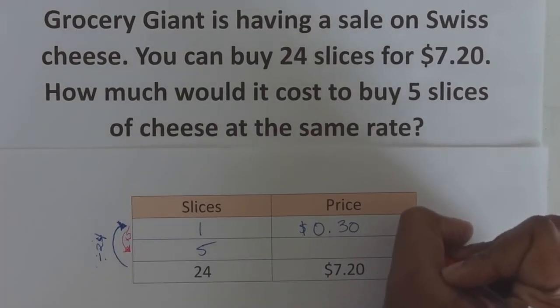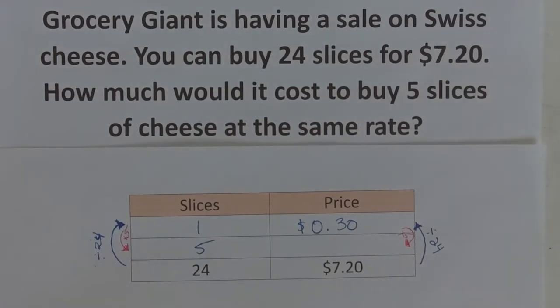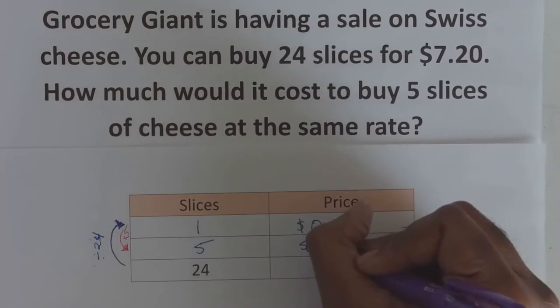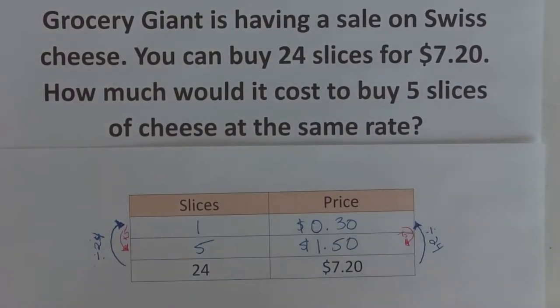And I'm going to do the same thing to my other term. So I'm multiplying by 5, and that's going to give me $1.50. So at this rate, it will cost $1.50 for 5 slices of cheese.